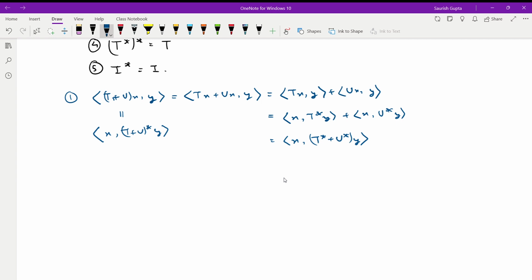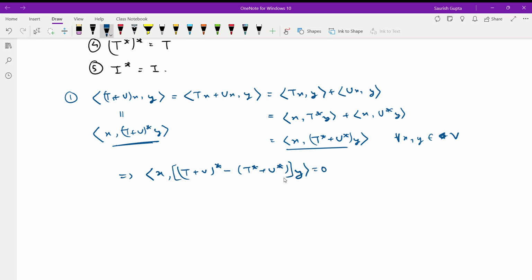And these things happen for all x, y in V. So I can write (x, ((T plus U) star minus (T star plus U star))y) equals 0, and this equals 0 for all x, y.